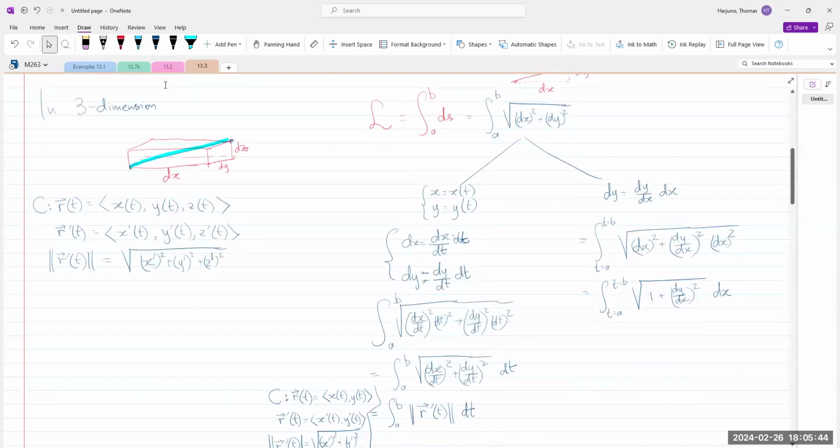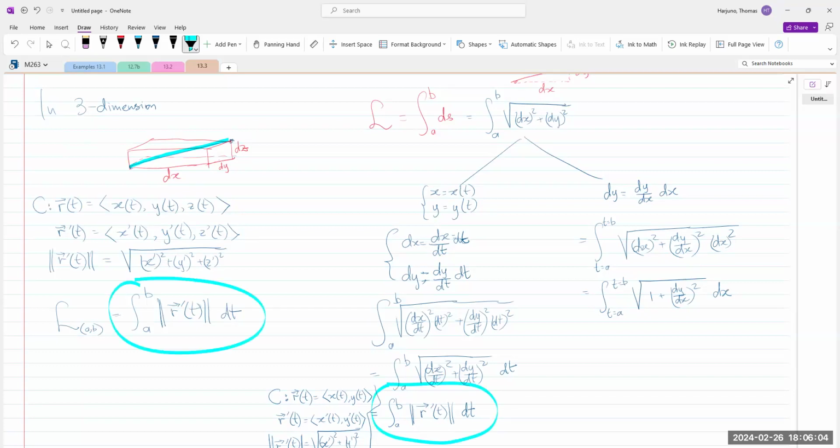And our arc length from time A to time B is still the integral from A to B of the magnitude of that r prime t dt. So notice that even though one of them is 2 dimensions and the other is 3 dimensions, if we use the r(t) parameterization, it will be basically the same formula, but in details, of course, one is 2 dimensions, the other 3 dimensions.